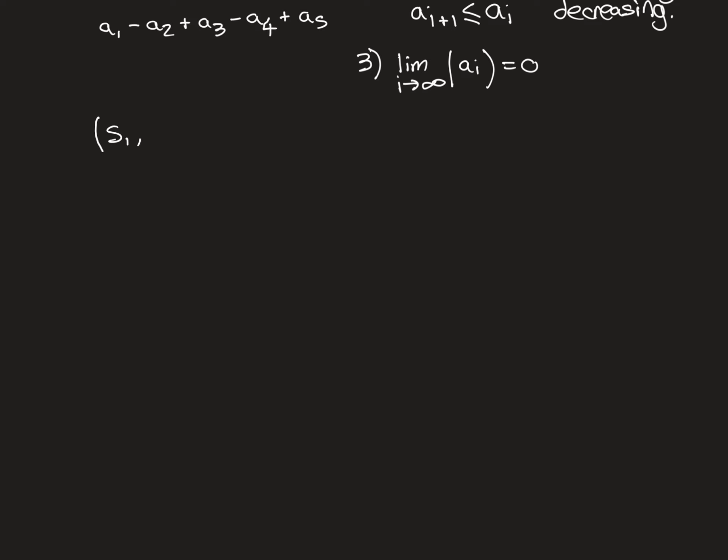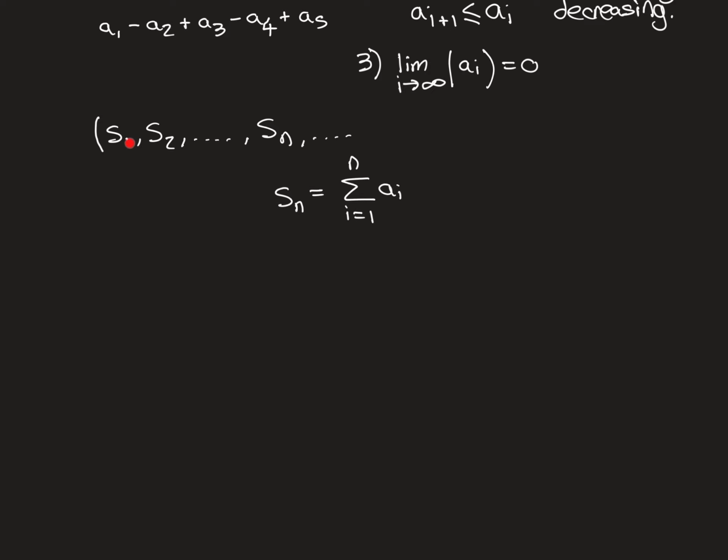So we're thinking about this infinite sequence, S_1, S_2, and on it goes to S_n, where these are the partial sums of this series, the sum from i equals 1 to n of the terms of the series that you're looking at.